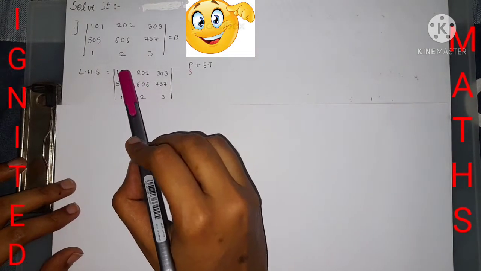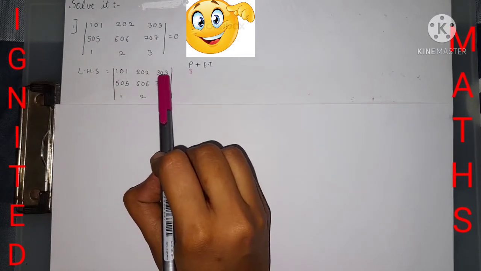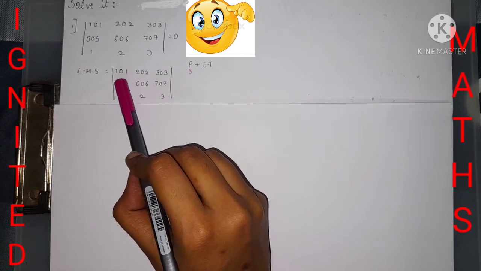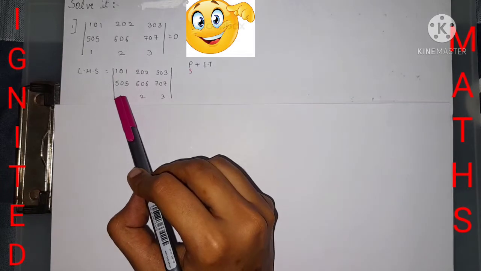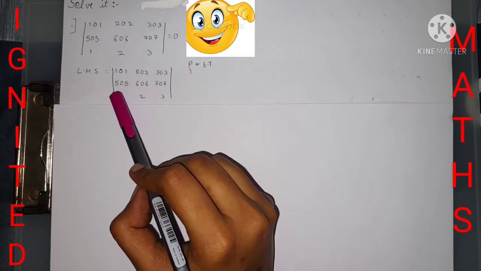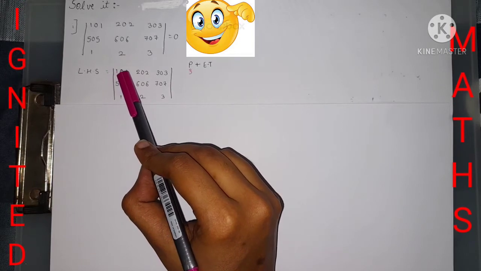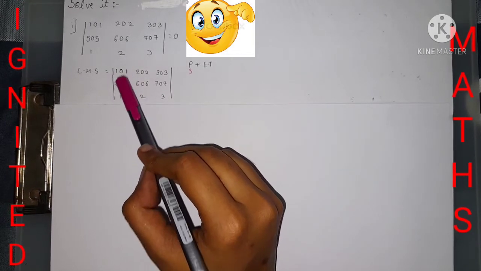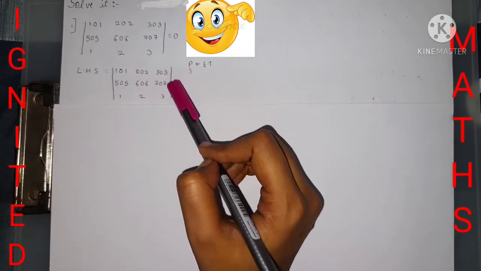Here I can see the terms 101, 202 and 303. Here is something related to 100, 100 related terms. Now at row 1 and row 3, if you watch the terms carefully, the value is 101 at row 1 and at row 3 it's 1. So 1, 101; here 202, 2; 303, 3.